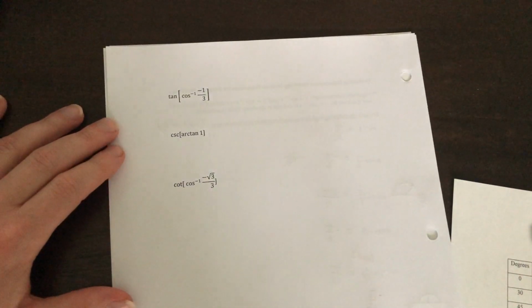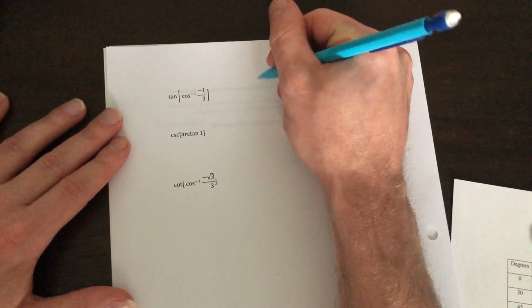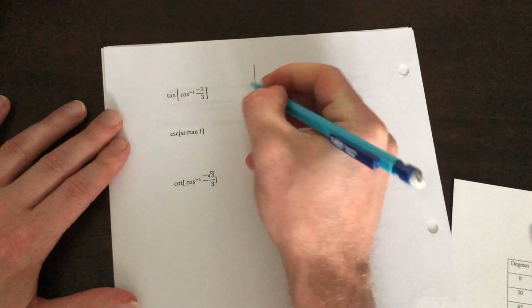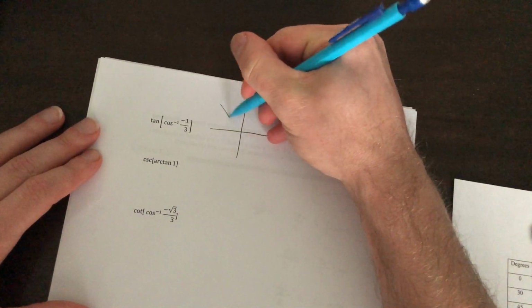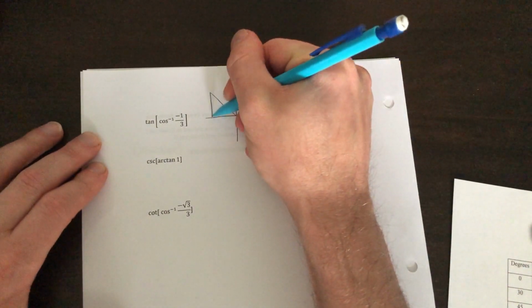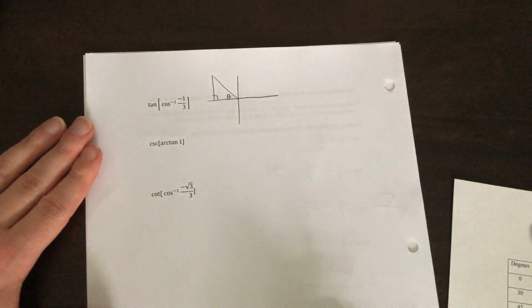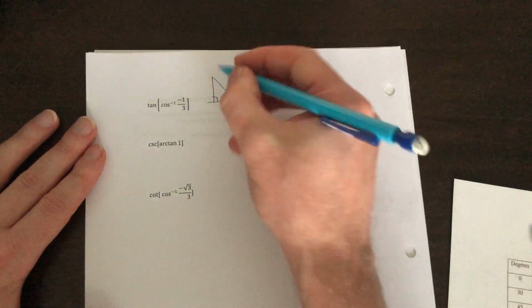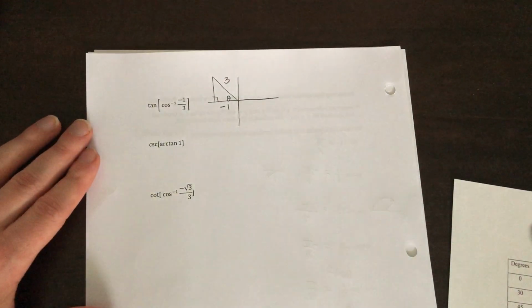Inverse cosine of negative 1/3. Arc cosine or inverse cosine is defined in quadrant 2. So we draw a little triangle up in quadrant 2. And inverse cosine is adjacent over hypotenuse.